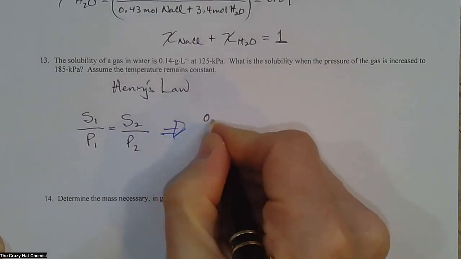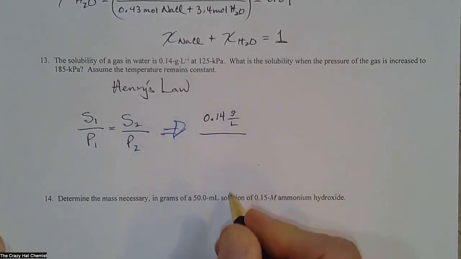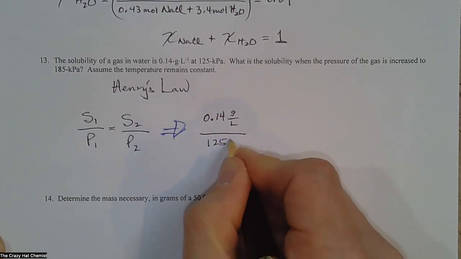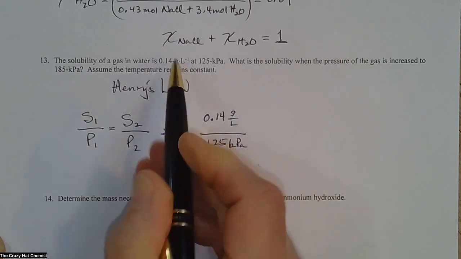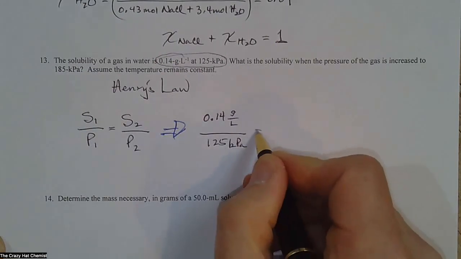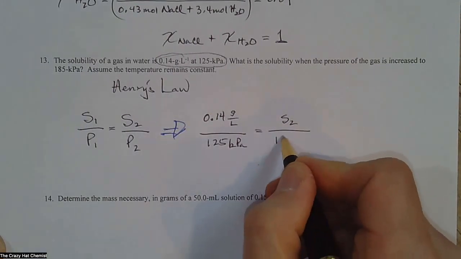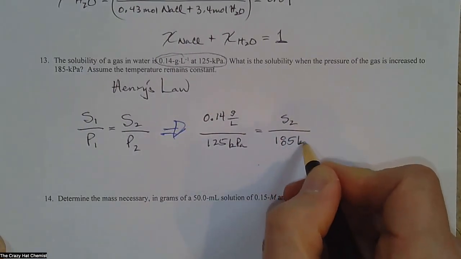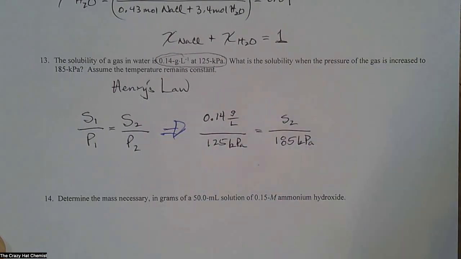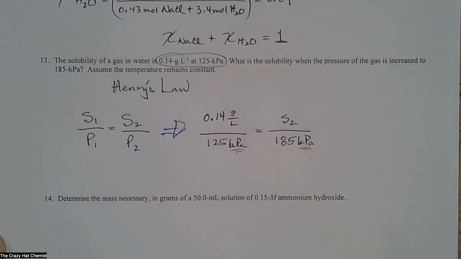So I have 0.14 grams per liter over 125 kilopascals. Notice that it's 0.14 grams per liter at that pressure, and I'm trying to find the solubility under a different pressure, since I've increased the pressure in kilopascals. I'm going to make sure that my units of kilopascals are the same. It doesn't matter what the units are, as long as they are the same.